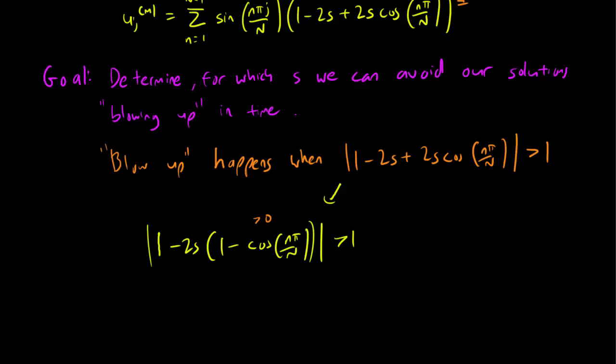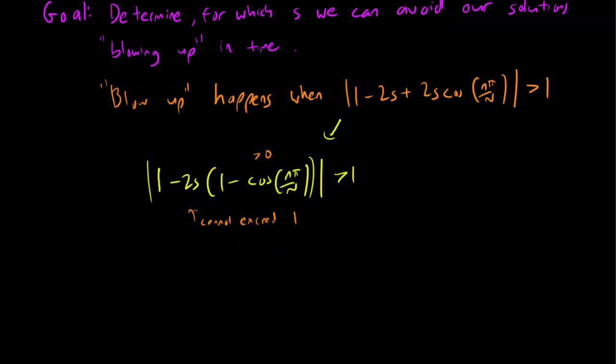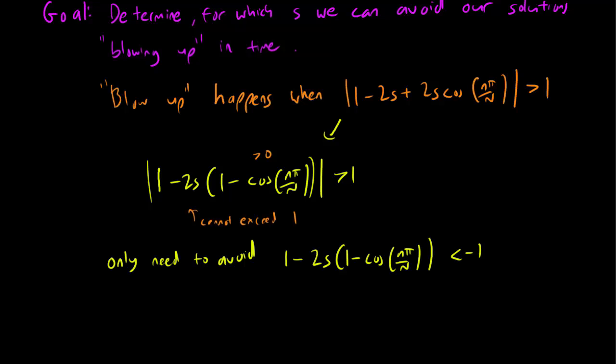And in particular, we know that this cannot exceed 1. So the only way that the absolute value can be larger than 1 is if 1 minus 2s times (1 minus cosine) is smaller than minus 1. That's the only failure condition. And this is the only inequality that we need to avoid.